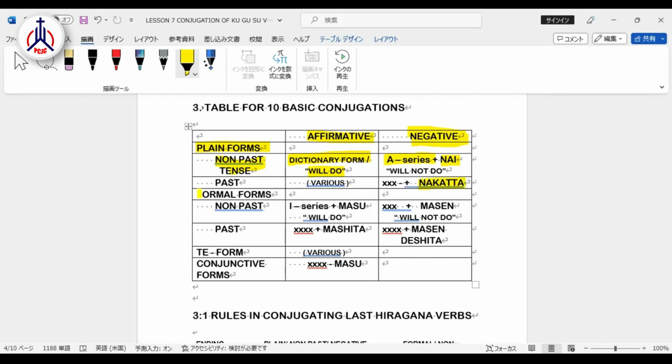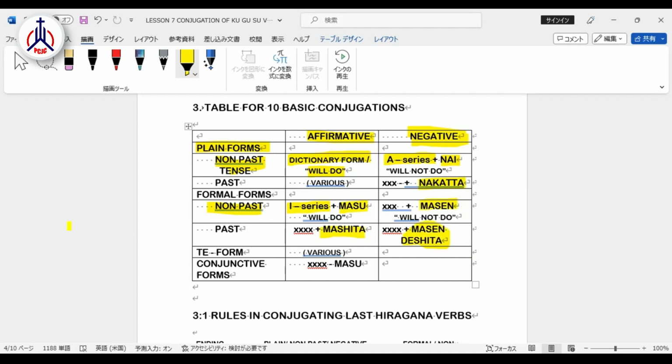But in the formal form, non-past or present tense, your affirmative will become the I series plus masu. Masu is still the same. Mashita is still the same. Masen is still the same. Masen deshita is still the same.